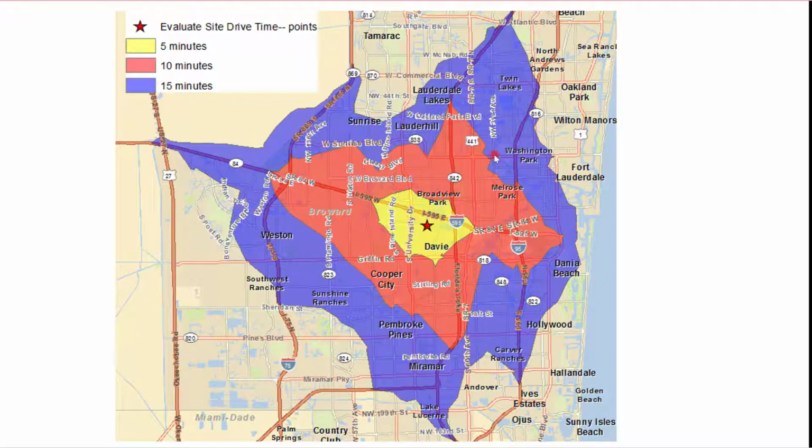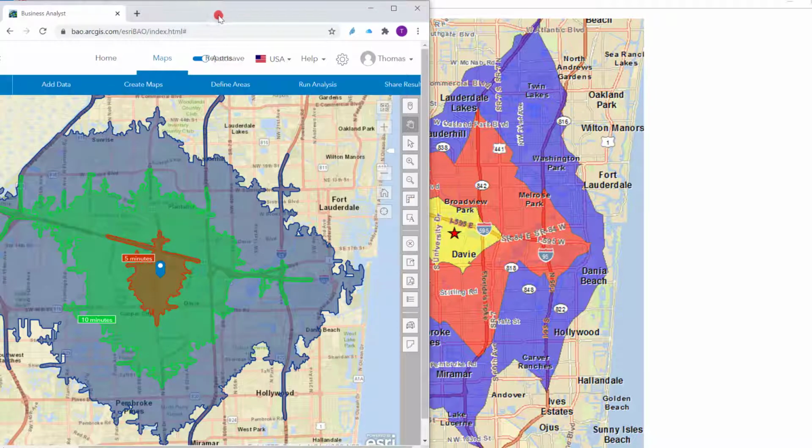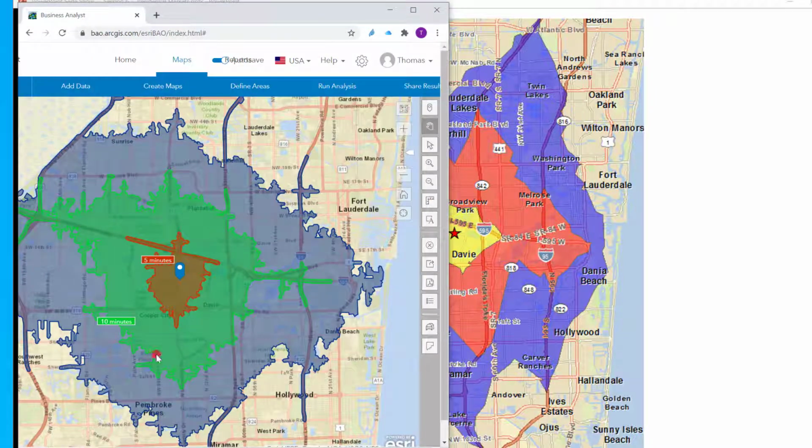Look at the 10-minute. It's reaching out beyond the airport, and it's not filling all of this. It actually tells you this area right now compared.